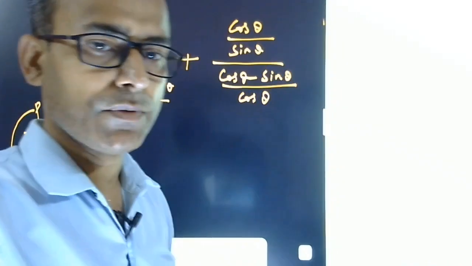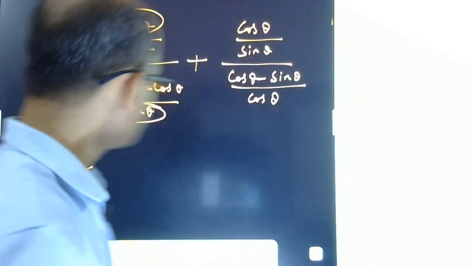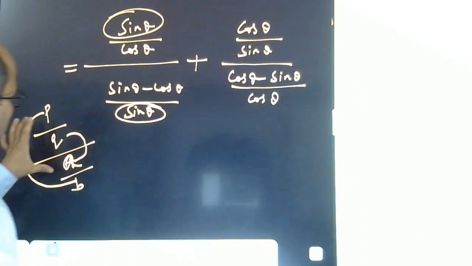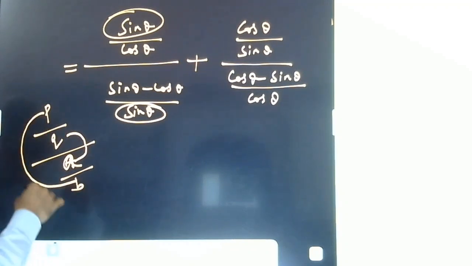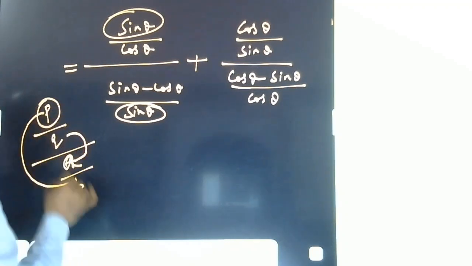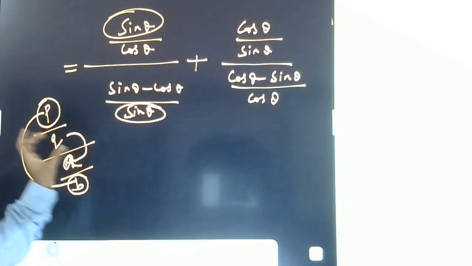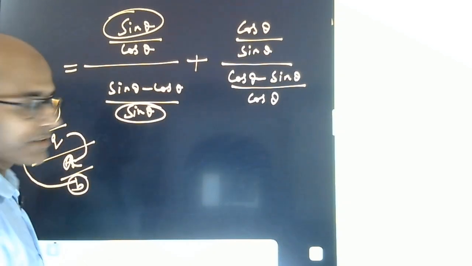I hope you people are understanding very well. So this is the multiplication we are required to use. What is happening actually in this situation?